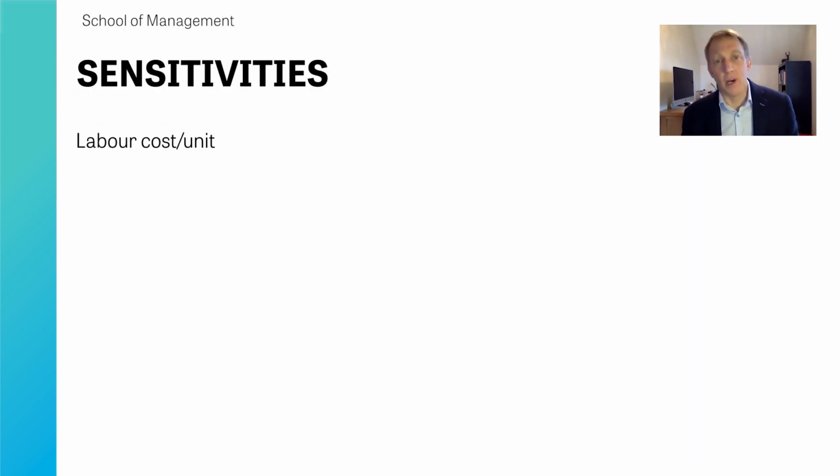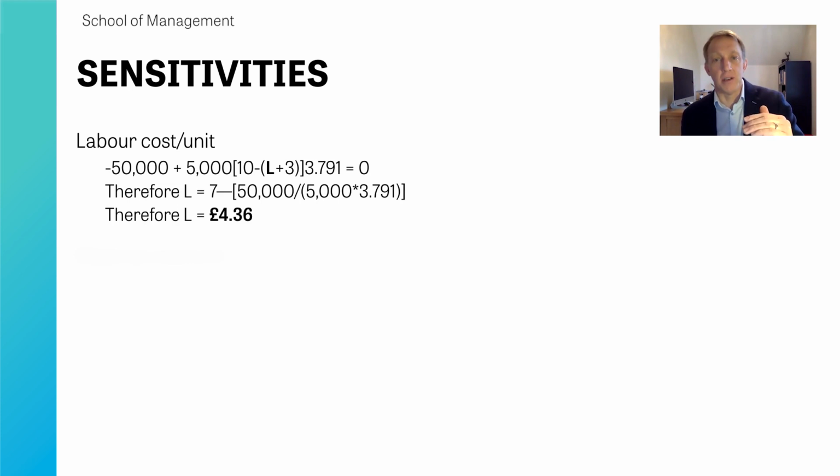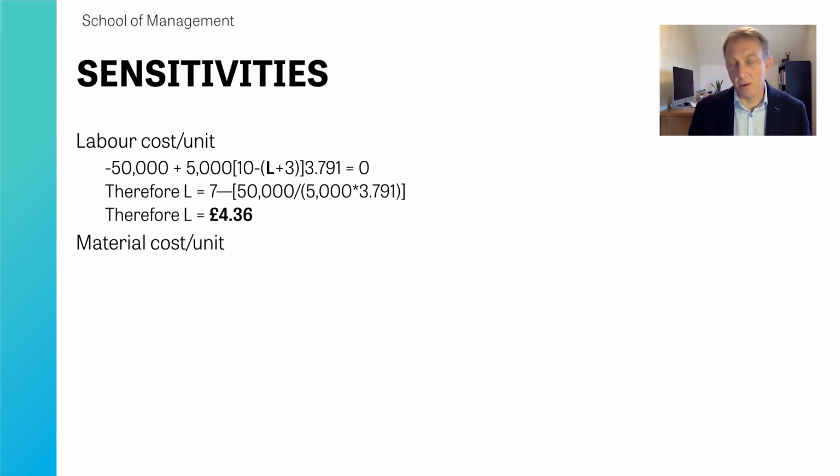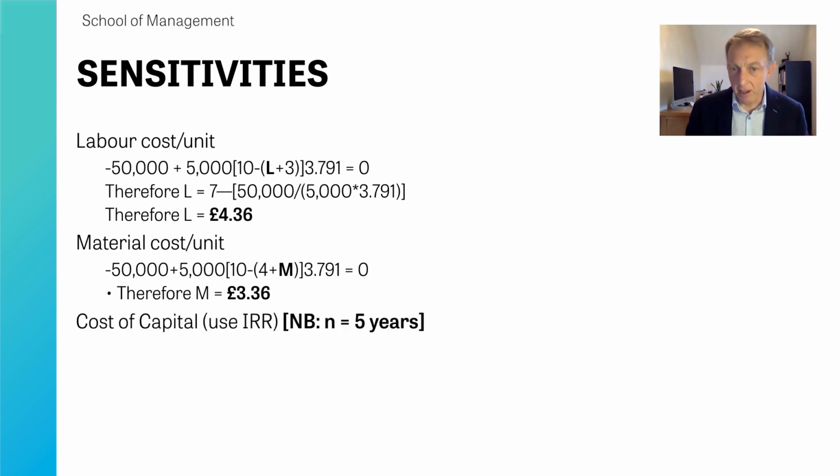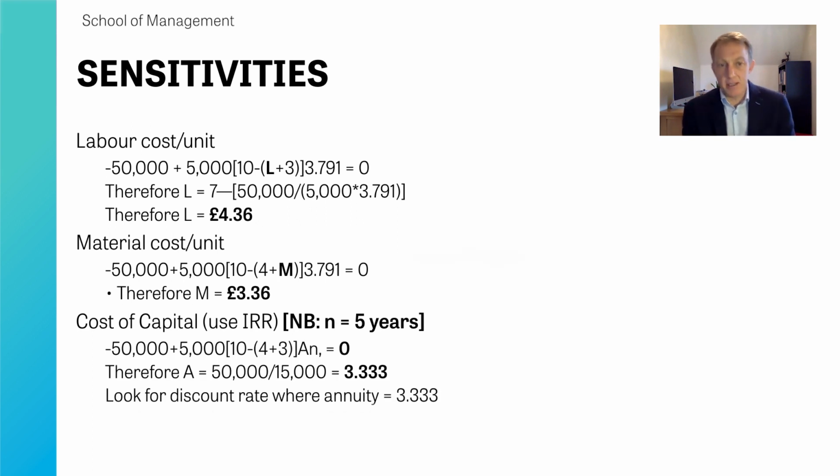Labor can go from £4 to £4.36, and we'll still be net present value positive in that realm. Our raw materials can change from £3 to £3.36. Our cost of capital can move from what we're using currently of 10% up to 15%.